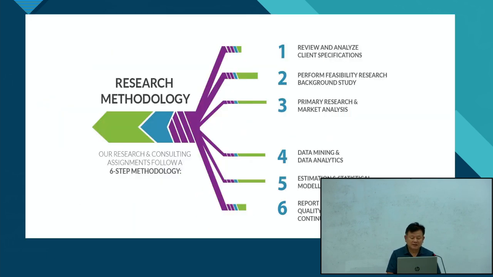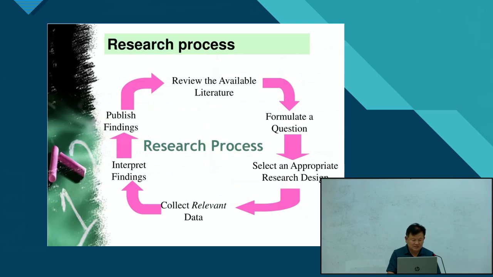First I remind you guys of the research process, as shown in the picture: review the available literature. So what kind of literature is available for my research, or a special research.